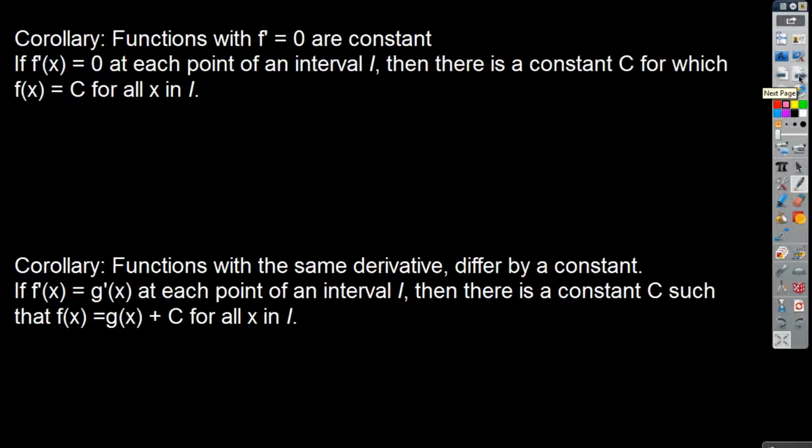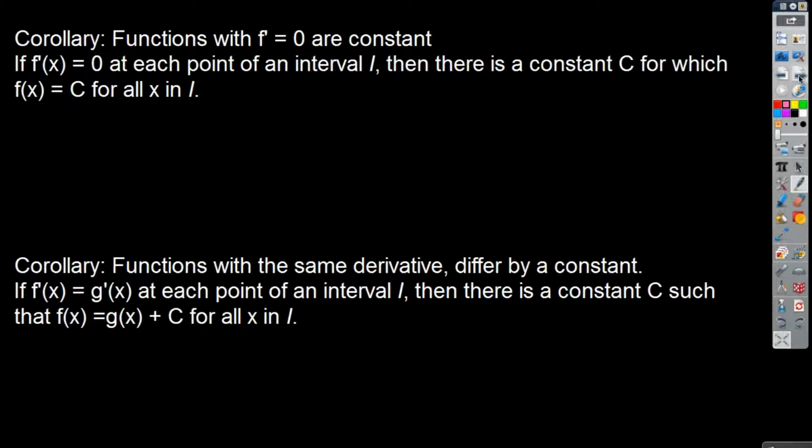So a corollary to this says if a function has the derivative f prime equals 0, it's a constant function. So it says if f prime of x is 0 at every point, then it must be a constant. And that is a quick thing to prove, because if we pick any 2 points, the derivative formula stems from the slope formula.